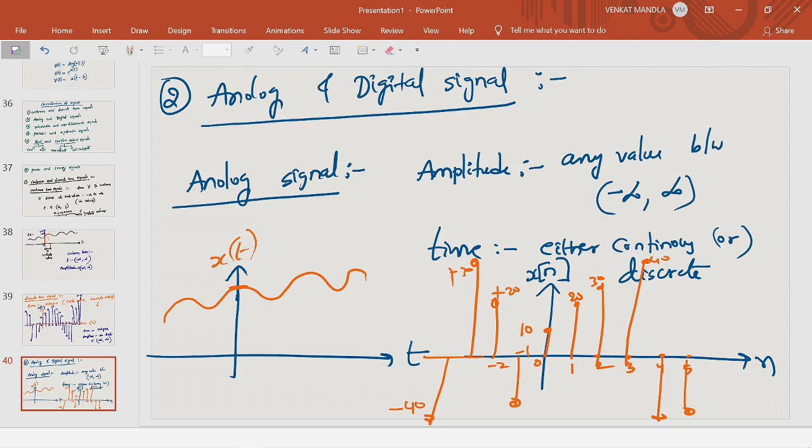So analog signal means either continuous time or discrete time, but the amplitude is minus infinity to plus infinity. It is not a finite value.